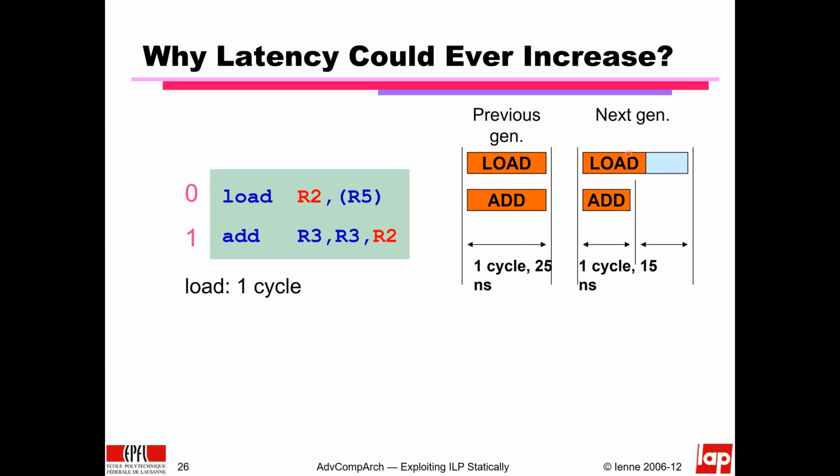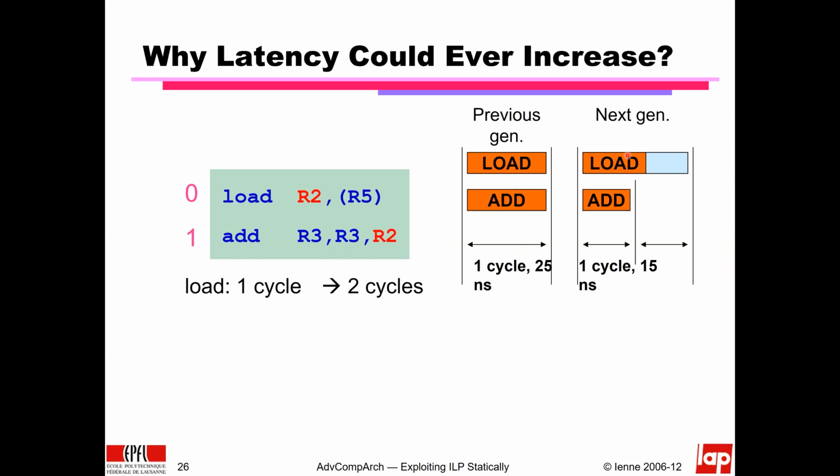And now the load, which is a little longer, doesn't fit anymore, and I prefer to put it onto two cycles. Now you think, first of all, is that a problem? Yes, right? My latency of the load has increased in number of cycles, so it's a problem.